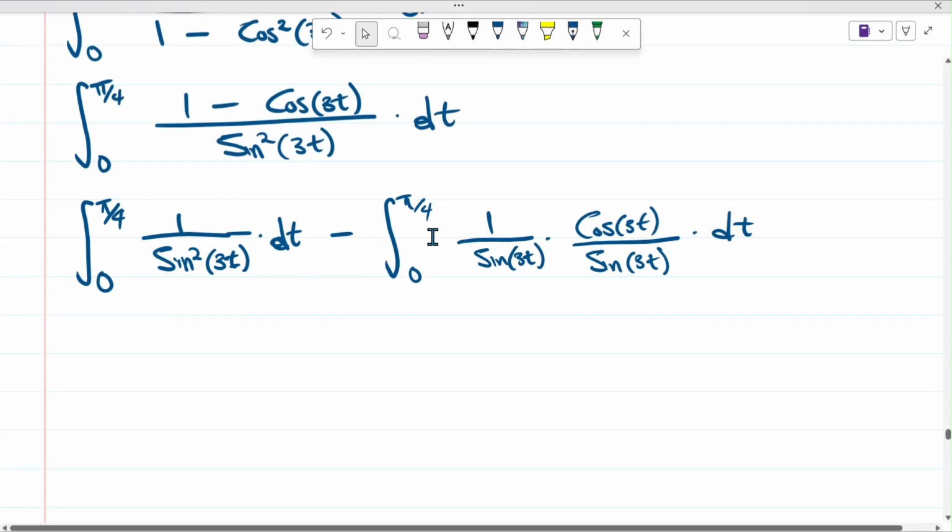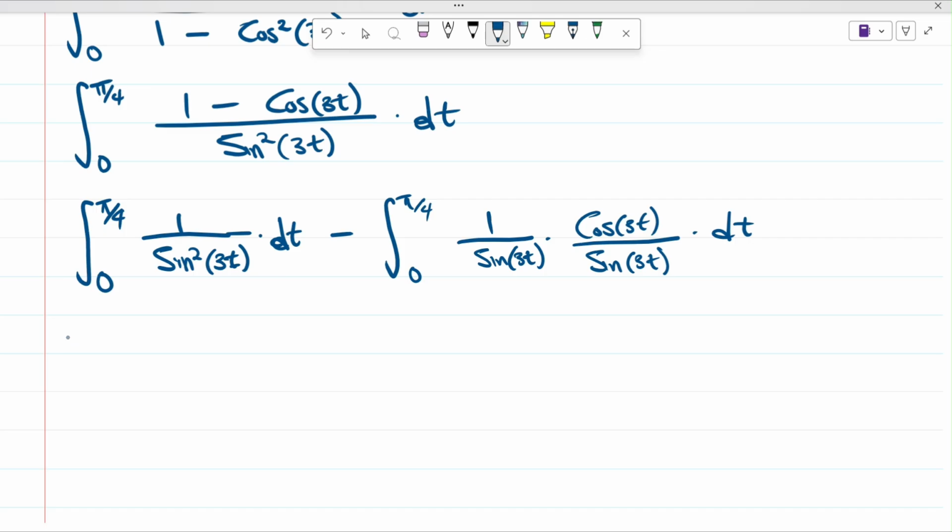So what did I do here? Instead of having sine squared, I split the sine squared into sine multiplied by sine, which is still sine squared, so that I can have 1 over sine and cos over sine, so that it can work in my favor.